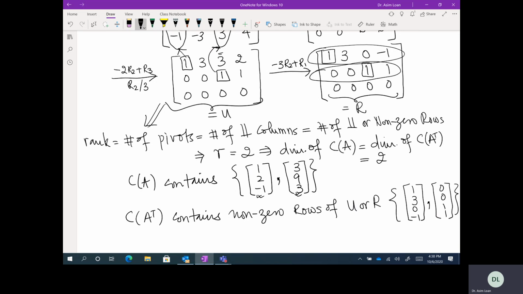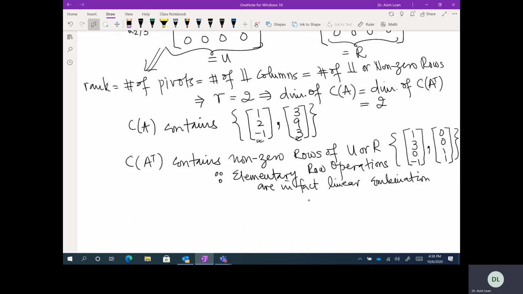Why? Because elementary row operations are in fact linear combinations of rows. This is not true for the columns, but it's true for the row space.